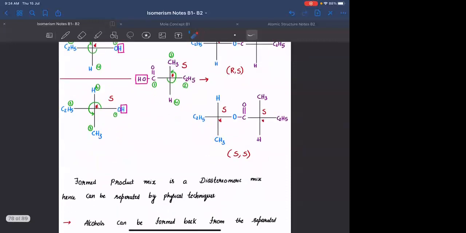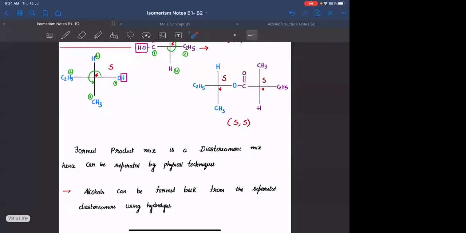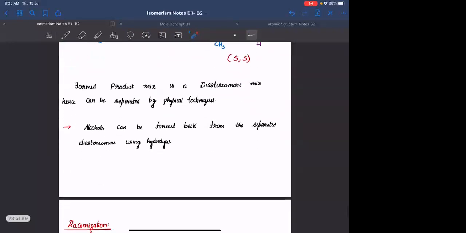Once you are separating them, you can get back the alcohol and acid by doing hydrolysis. This particular process of separation of enantiomers is called as resolution. Resolution, one of the important theoretical questions in NEET and JEE Mains. What is meant by resolution? Okay, ठीक है.